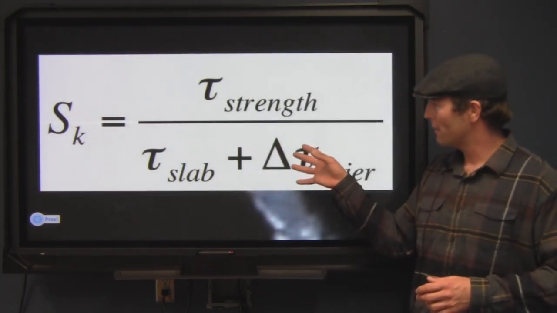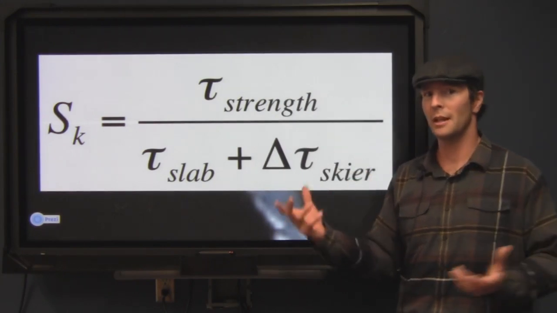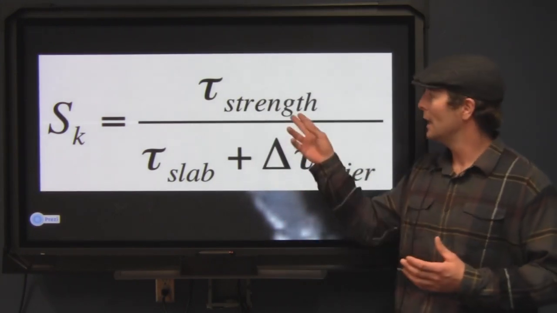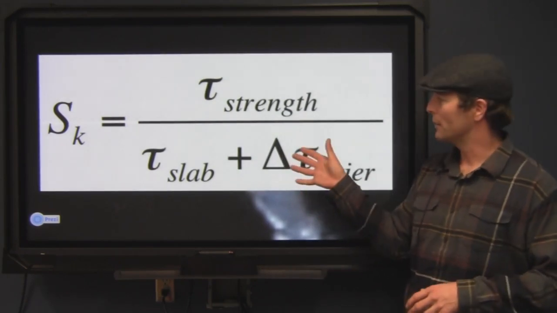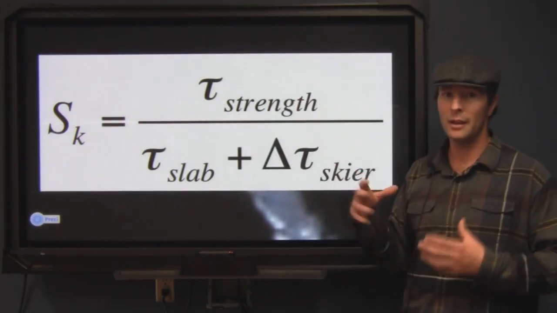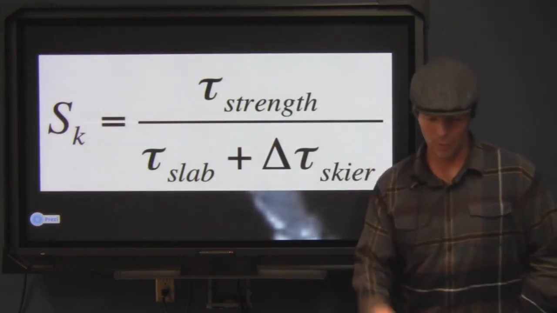If the strength is bigger than the stress, we shouldn't see any failures in the weak layers, and that number, SK, will be greater than 1. If the stress is larger than the strength, we should see some failures in weak layers, and SK will be less than 1.